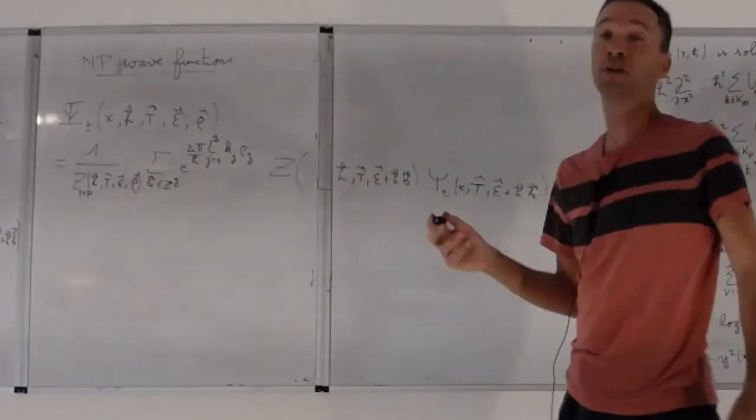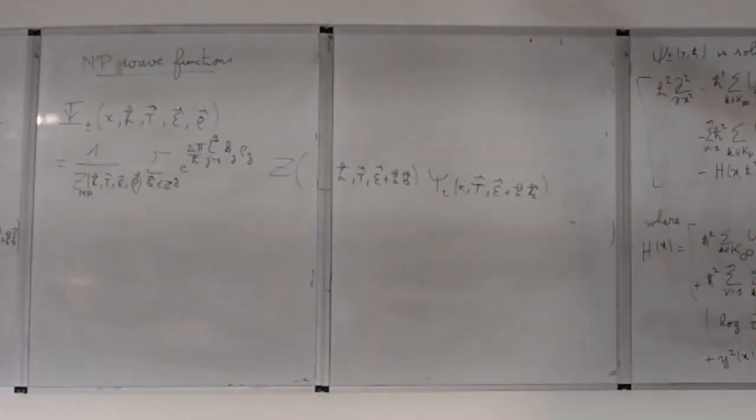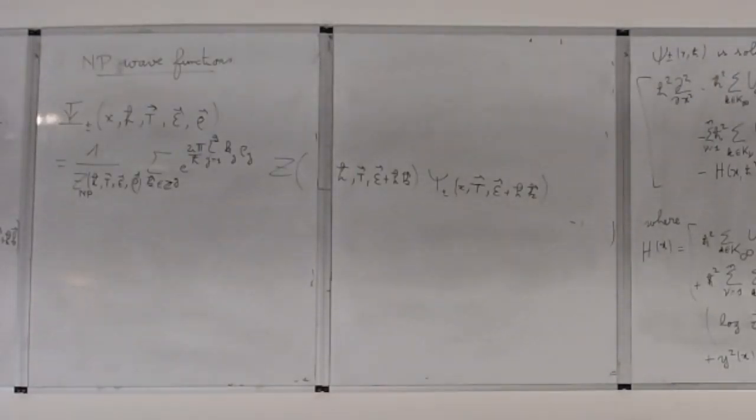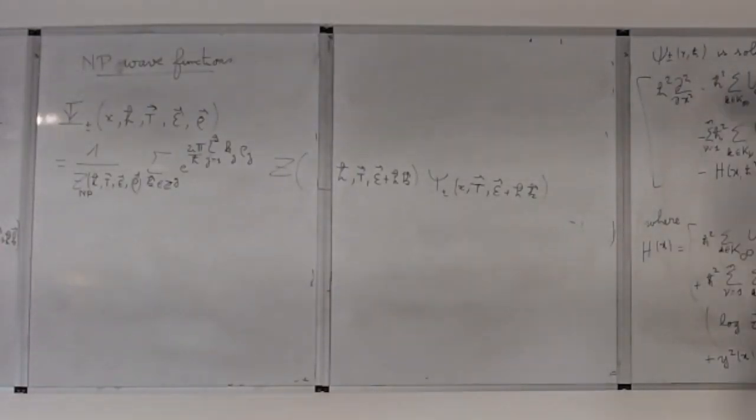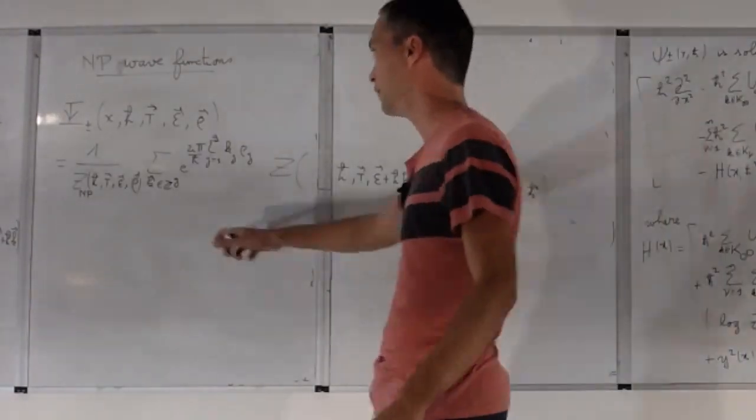And if you want to get good monodromies and remove this ratio here, then you have to introduce this Z and this Z non-perturbative.